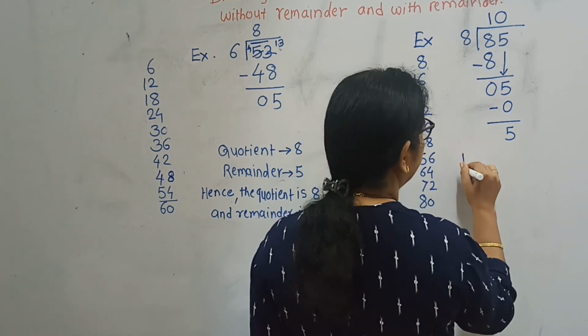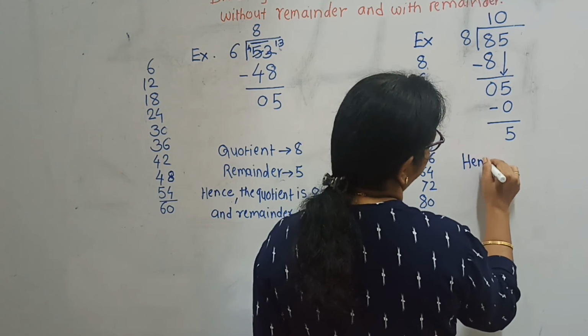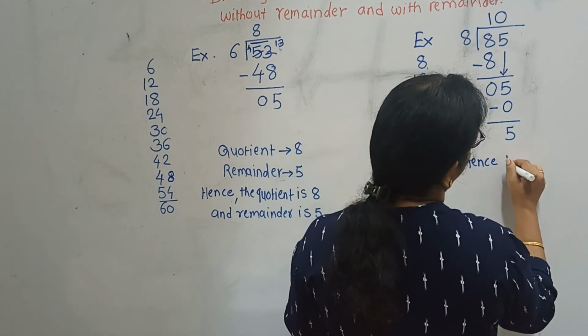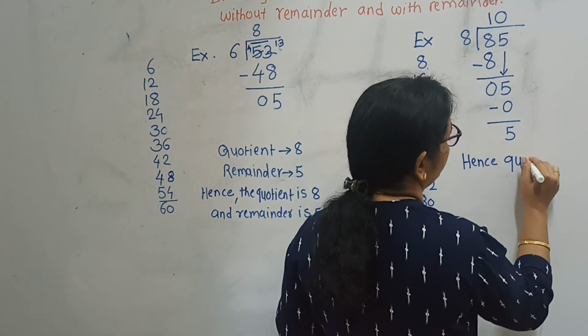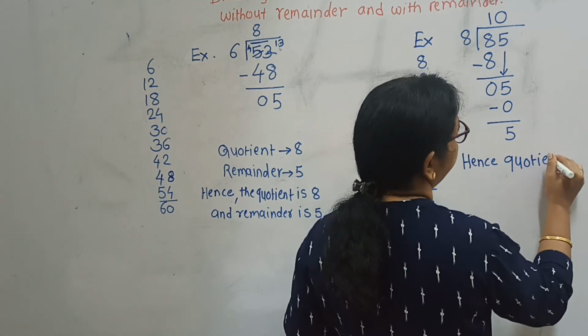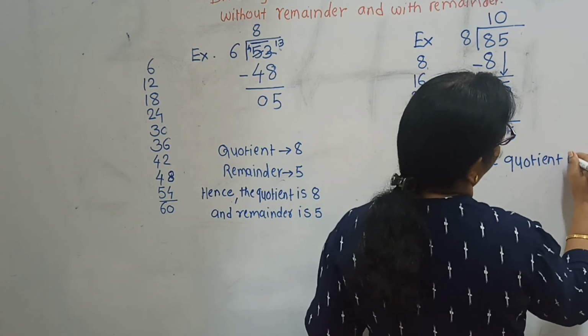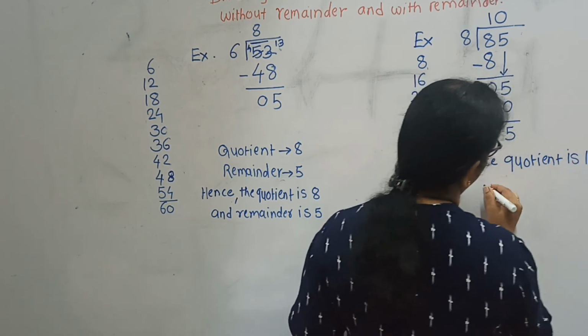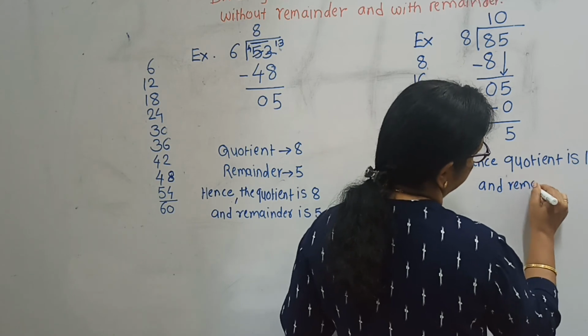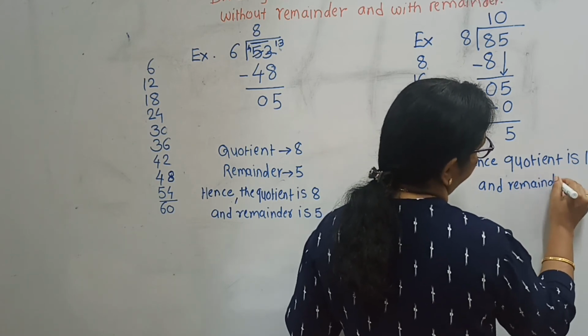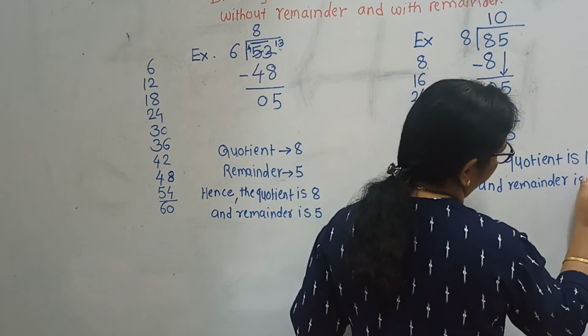So you have to write here, hence, sorry, first we have to write quotient. Quotient is 10 and remainder is 5.